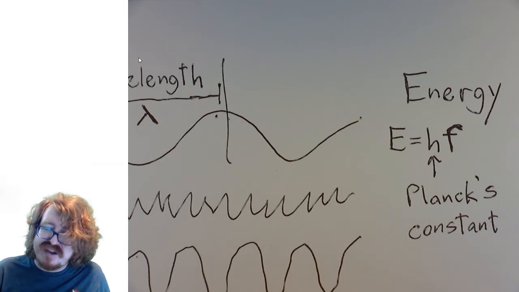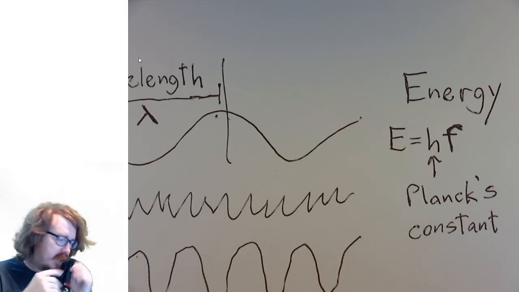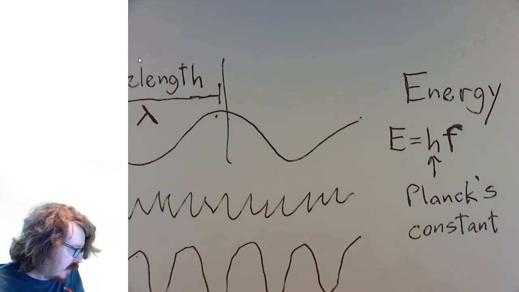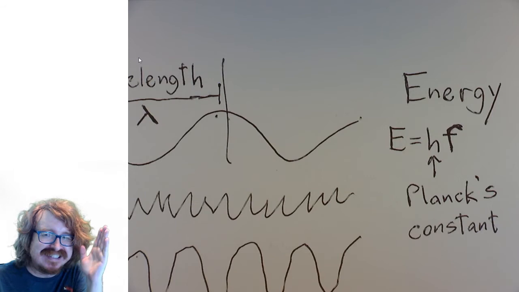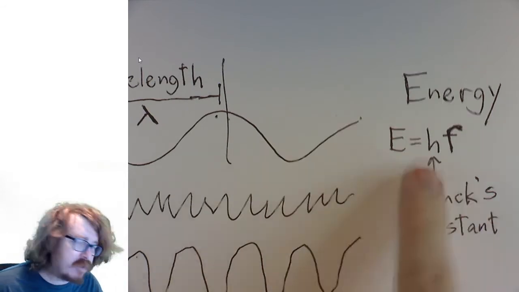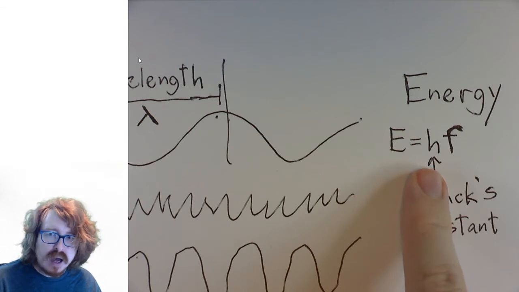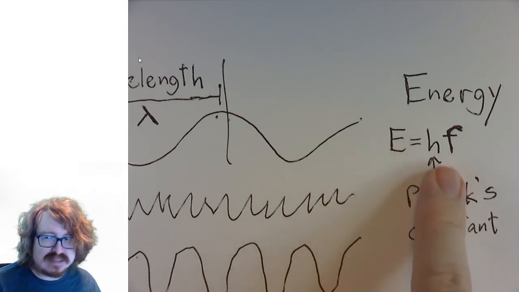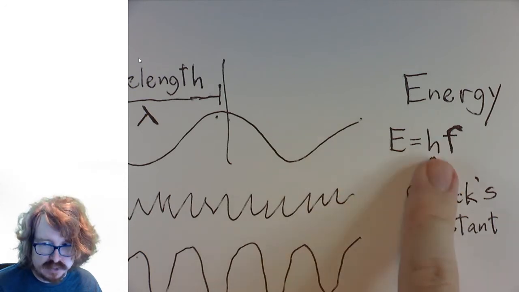Which is named after another scientist who studies light. But check this out. Planck's constant here, it's a constant. It's just a number. It might as well just be the number 2 standing right there, okay? Don't worry about exactly what number it is. It's just a number, and it can't change.